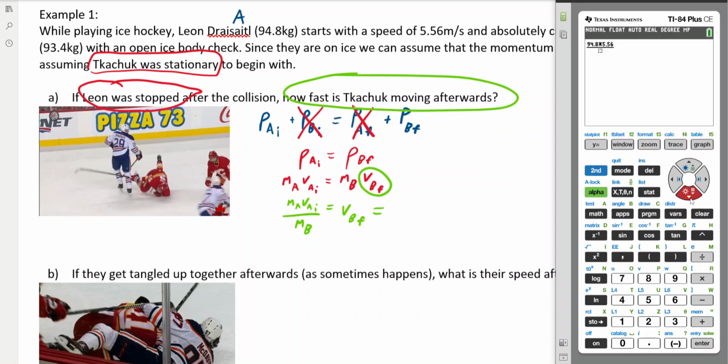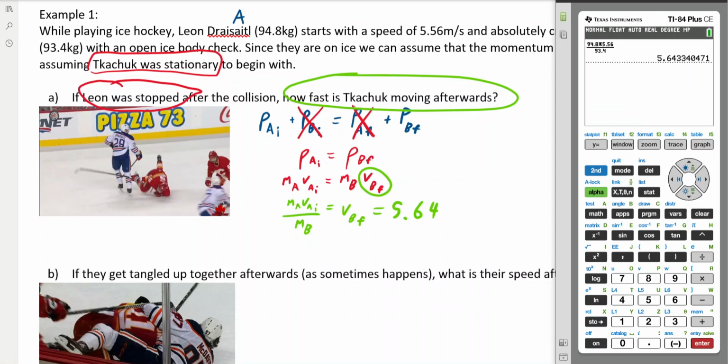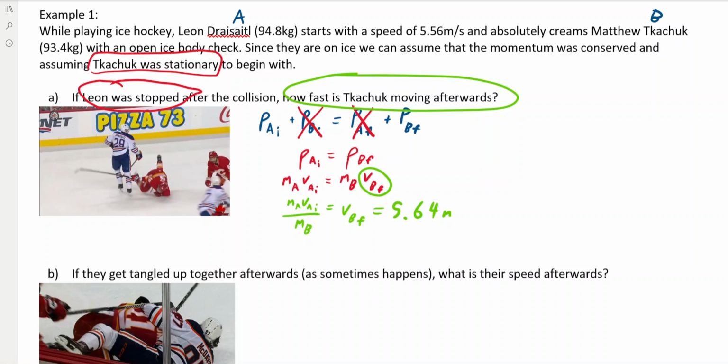I don't know if they go at this speed when they do a body check, but let's pretend they do. I couldn't Google that answer. So here it is. That tells us that Tkachuk leaves at 5.64, and we're going to leave it just there. 5.64 meters per second, getting launched at that speed.